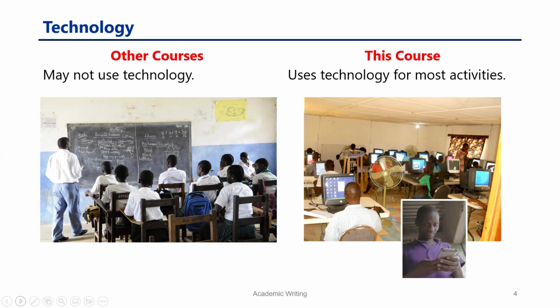But look at the picture on the right. Students are using some kind of technology for most of their activities. They're either in a computer lab using a computer, or maybe they're using their mobile phone. But they're all using technology. And you're going to also.